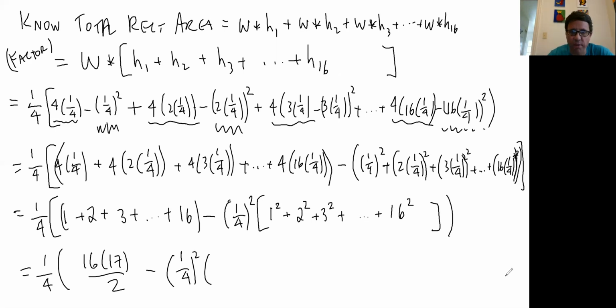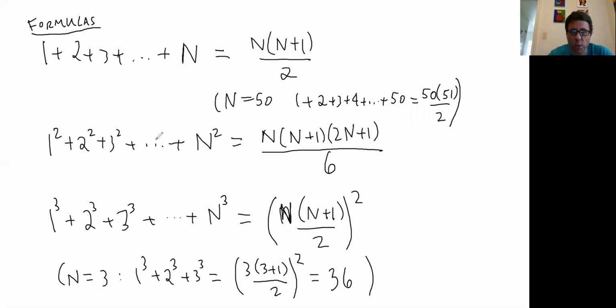So just one more time, if I go back, I can see that 1 squared plus 2 squared plus 3 squared, wherever I stop, that's my n that I use on the other side. So I stop at 16, so I would use 16 over here. 16 times 16 plus 1 times 2 times 16 plus 1. So 16, 17, 2 times 16 plus 1 is 33. 16, 17, and 33, all divided by 6.